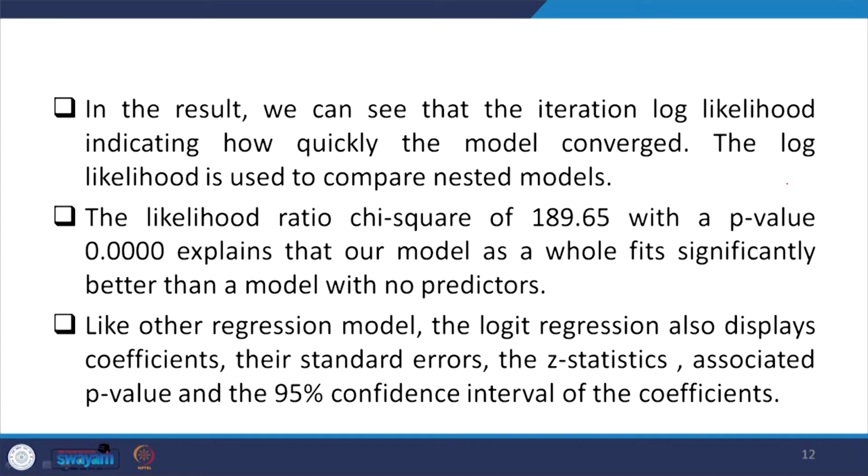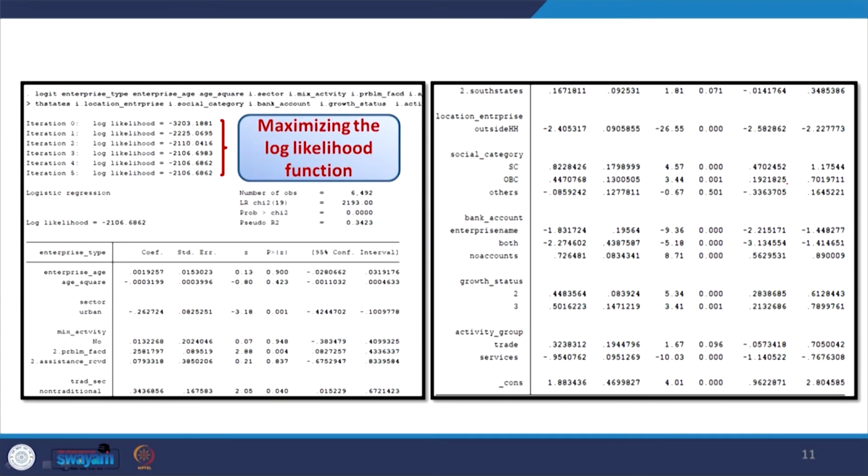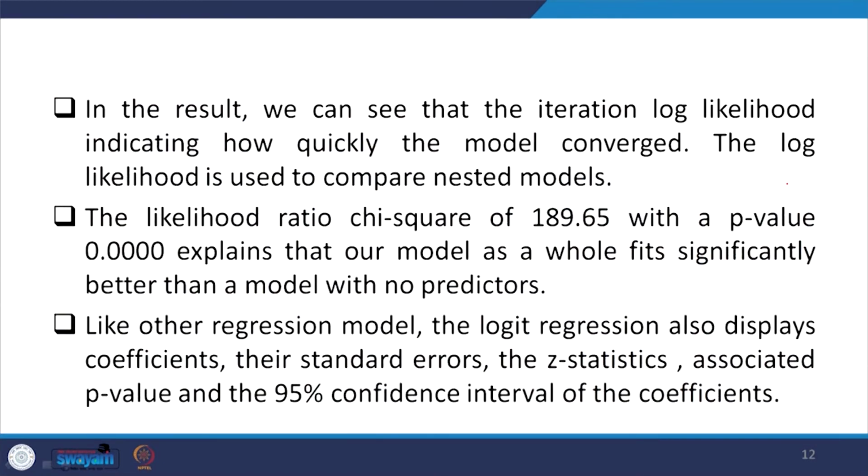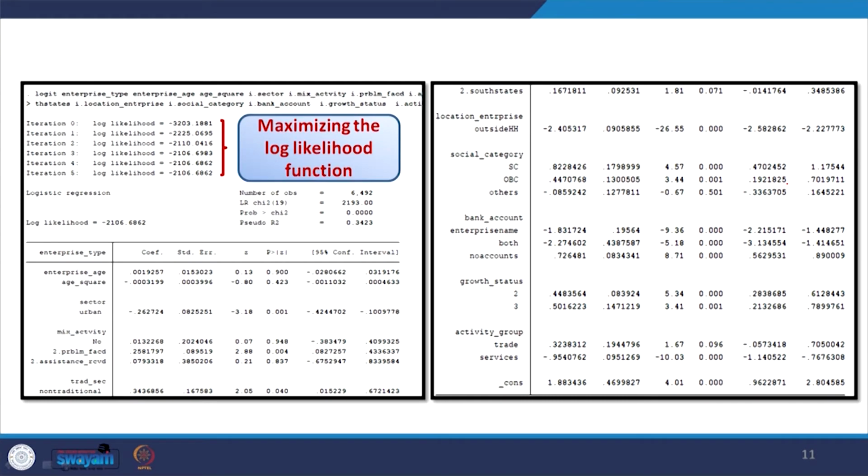Like other regression models, the Logit regression also displays coefficients. Along with the coefficients, standard errors are there next to their coefficients. Then the Z statistics, then the probability values, the p values, based on which we can find out which variable is significant.